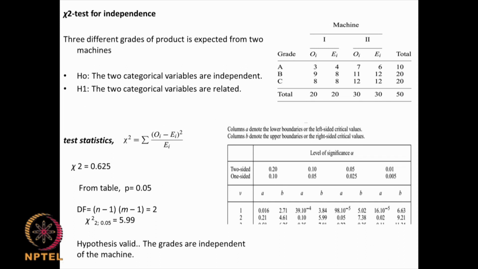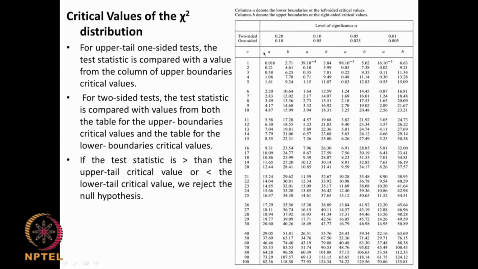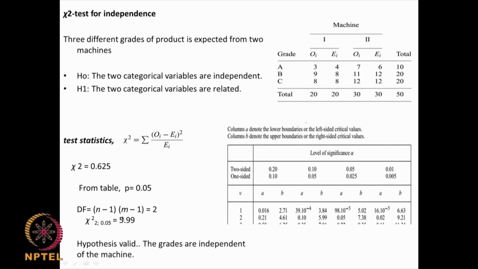We have 3 grades, so the degrees of freedom is 2. We have 2 machines, so the degrees of freedom is 1, so 2 into 1 is 2. So the degrees of freedom is 2 in this case. Looking at one-sided 95%, we get 5.99 here. So the table value is 5.99.